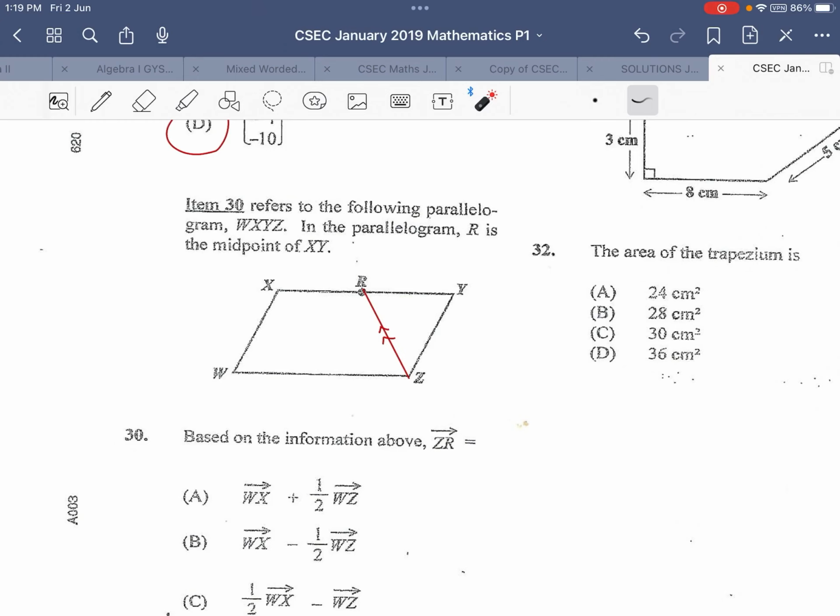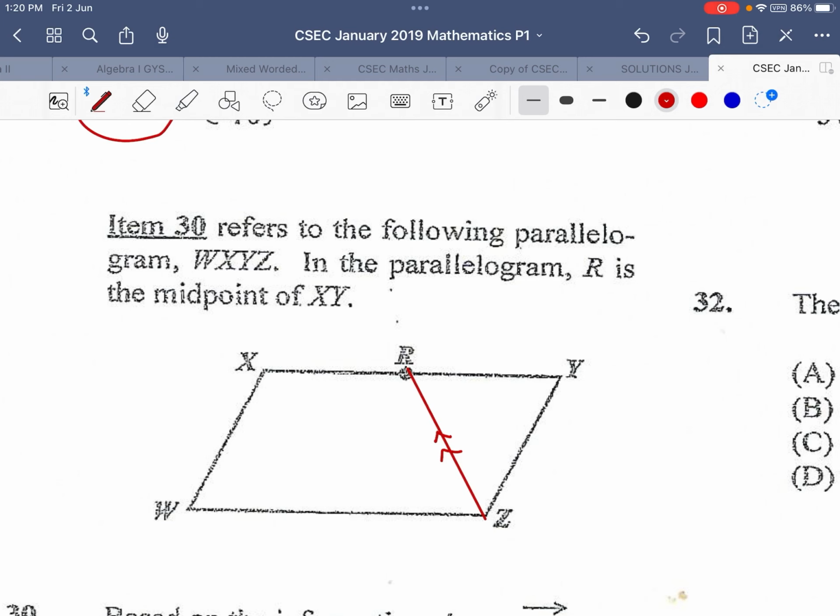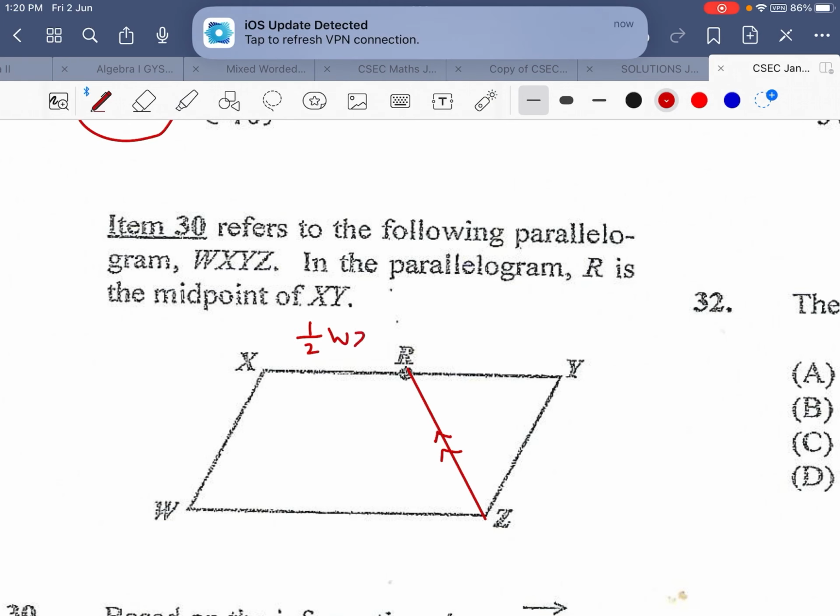So what we can do is go from ZW to WX to XR. Now we know that XR is going to be 1/2 WZ, right?